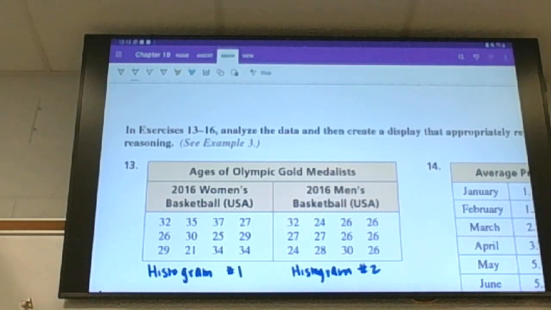Okay, when we went through histograms, one thing we said is that a histogram shows frequency. So here we go. We're going to do ages and frequency. I think the lowest age is 21, and the highest age is 37.